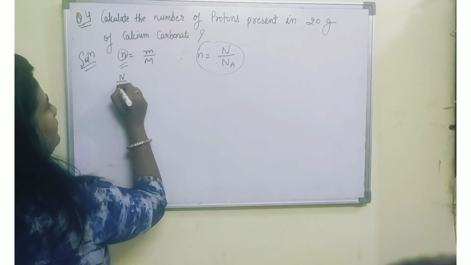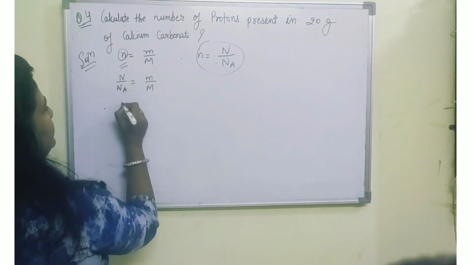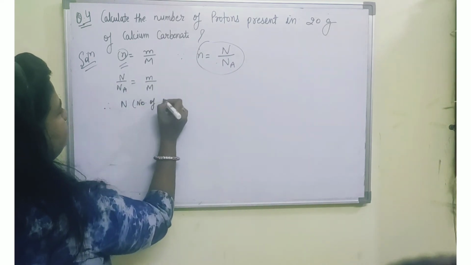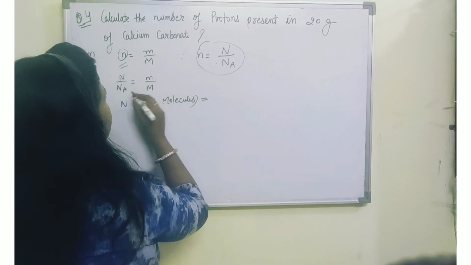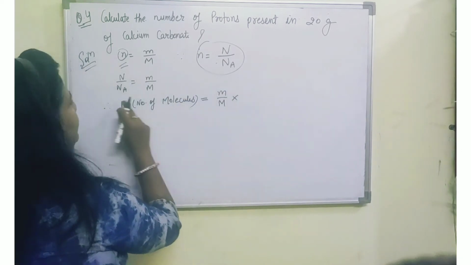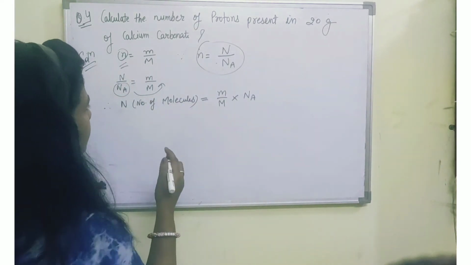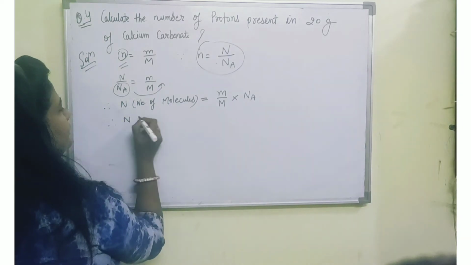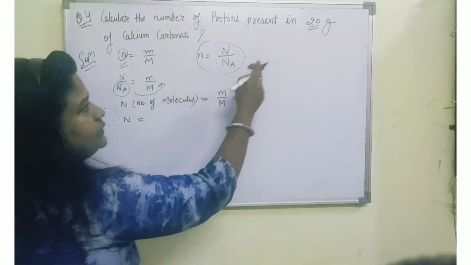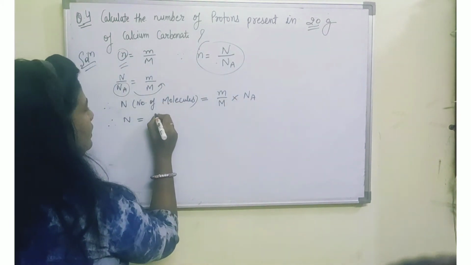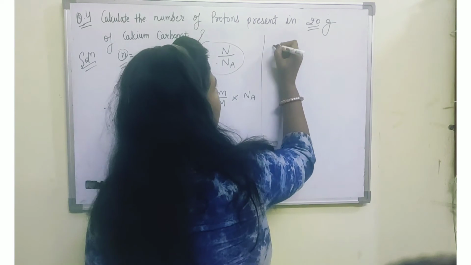So number of particles upon Na is equal to small m upon capital M. Therefore the number of particles, number of molecules, will be equal to small m upon capital M multiplied by Avogadro number. Small m is given, 20 gram. So we will substitute the value of small m here, 20 upon capital M, the molecular mass of CaCO3.